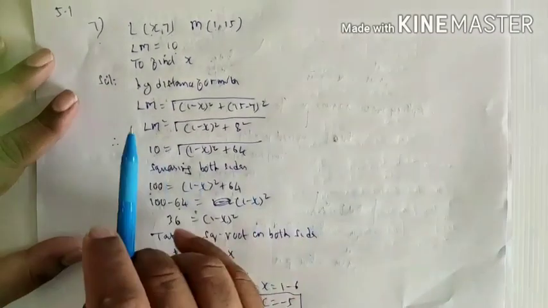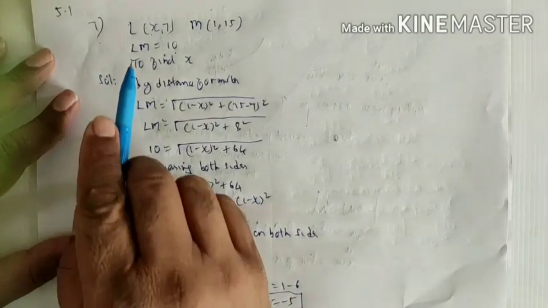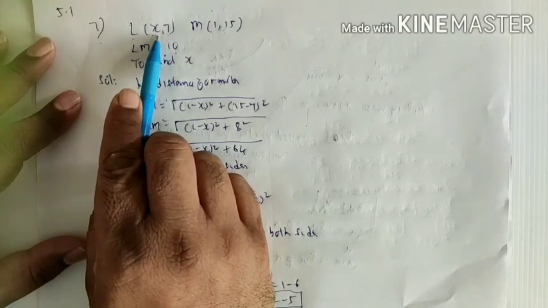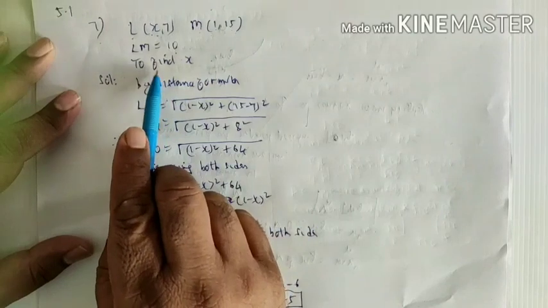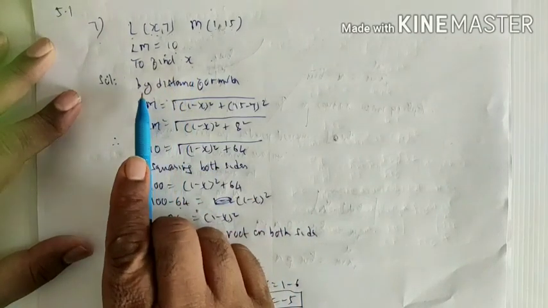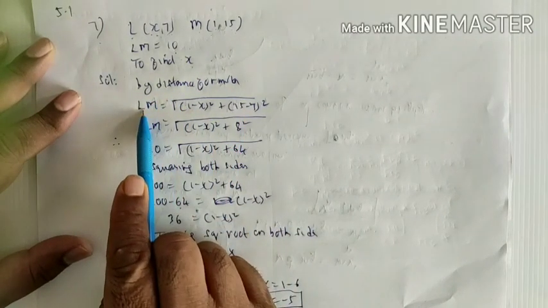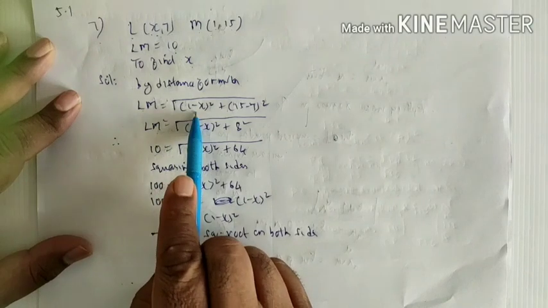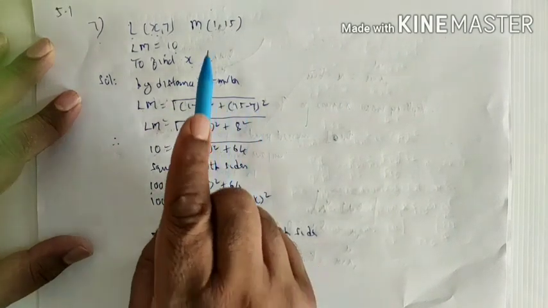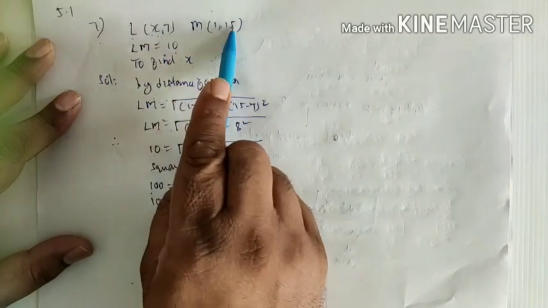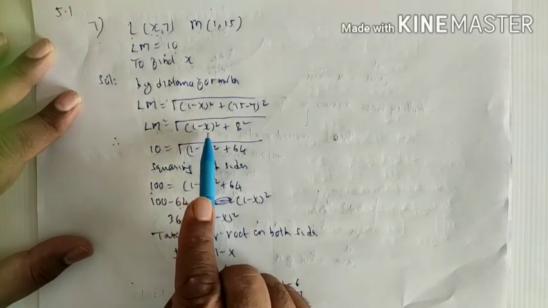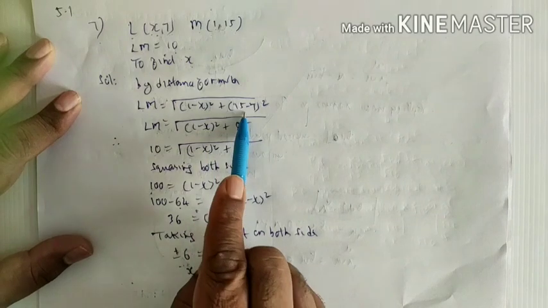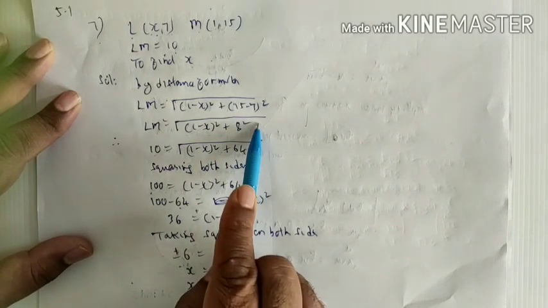See, again I am explaining. In this question, L is given (x, 7), M is given (1, 15). LM is given 10, our question is to find x. Now see, by distance formula, LM is under root (1 minus x) square plus (15 minus 7) square, which is under root (1 minus x) square plus 8 square.